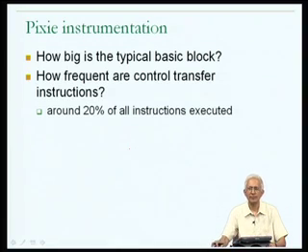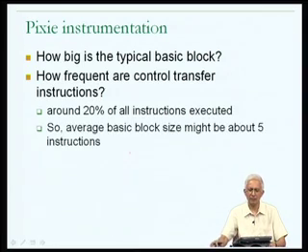Let's suppose that this is the case, then how could we get some idea about the average size of a basic block? If 20% of all the instructions executed are control transfer instructions, that means that 1 in 5 instructions which are executed are control transfer instructions, from which we could infer that the average size of a basic block is about 5 or 6 instructions.